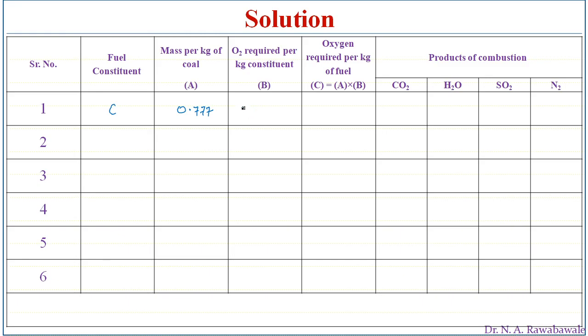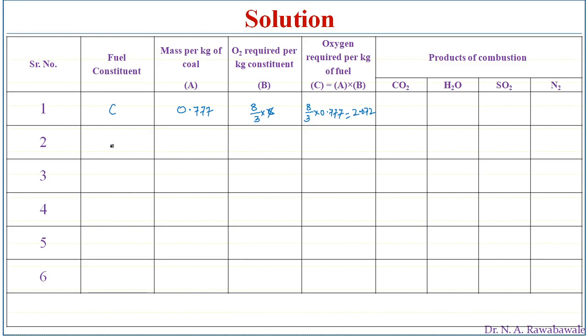This requires 8 by 3 times carbon as oxygen, 8 by 3 into C. So 8 by 3 into 0.77 works out to 2.072 kg of oxygen required.